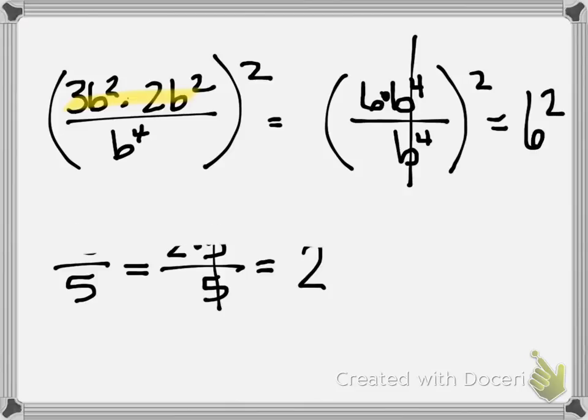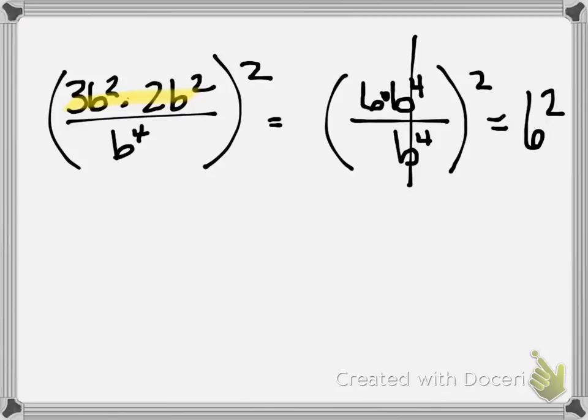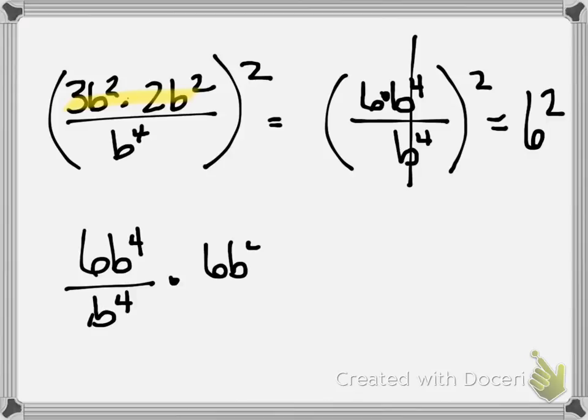If you forget that, which you might, the canceling is sometimes hard to remember, know that that's 6b to the 4th over b to the 4th times 6b to the 4th over b to the 4th. Now hopefully you remember you could cancel because it's numerator and denominator. But again, let's say you forget.